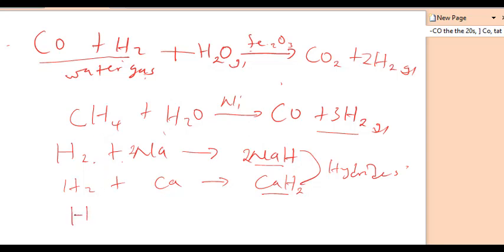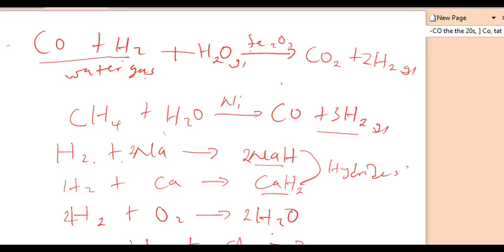To produce water. Hydrogen reacting with oxygen to give us water is in the ratio 2:1 to give us 2. So that is another direct combination. It also reacts with halogens like chlorine.